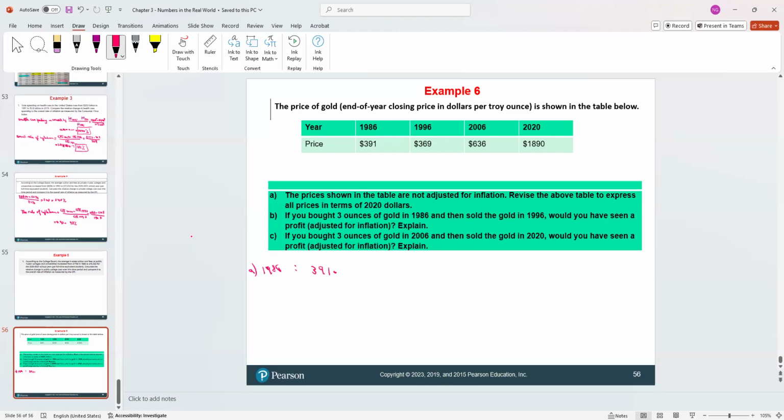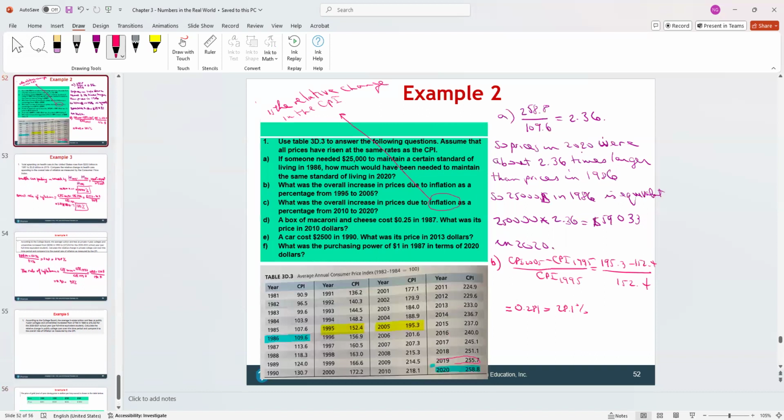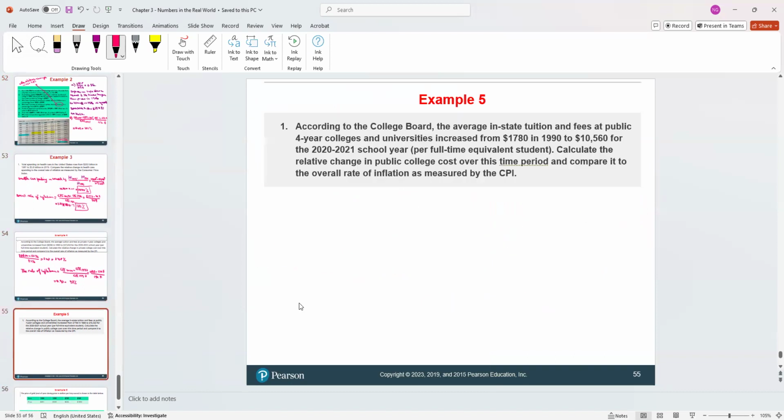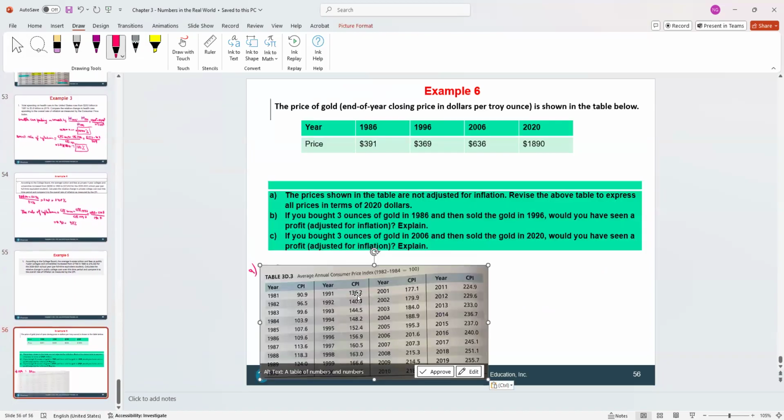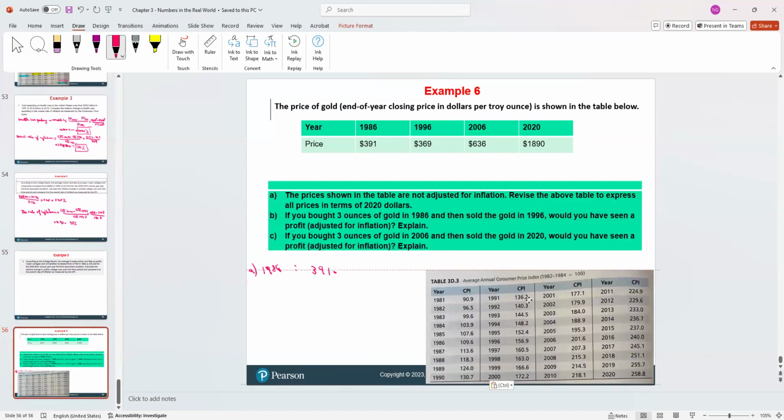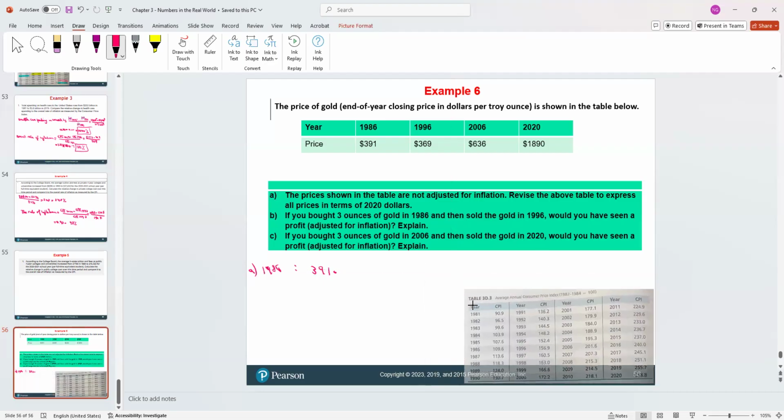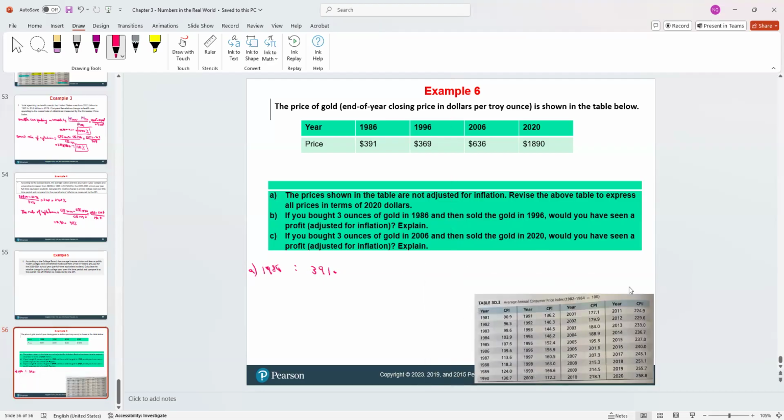So remember 2020, if I use the same table, let me just take the table and bring it here, very small, just so you can see it. So what's 2020? 2020 is 258.8 over 1986, 109.6.